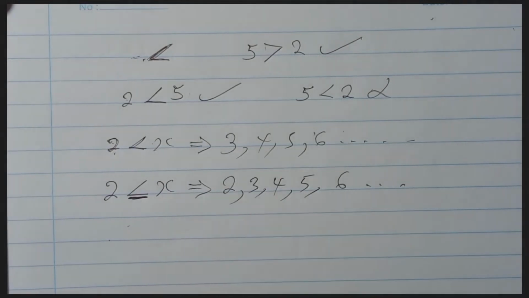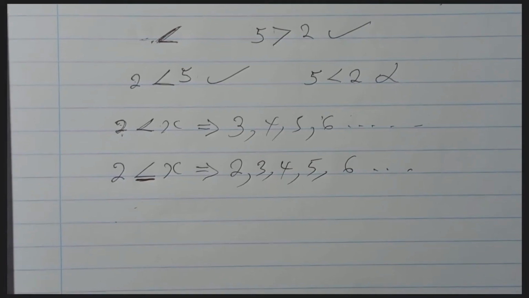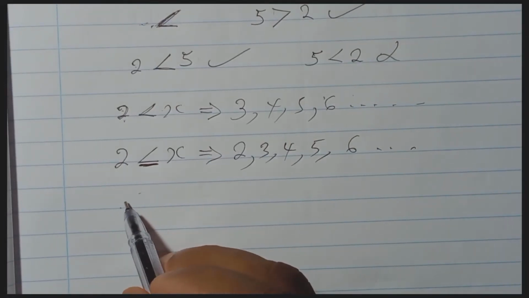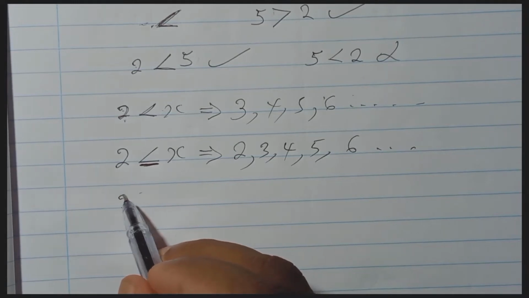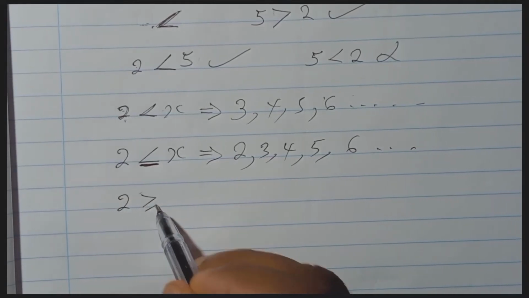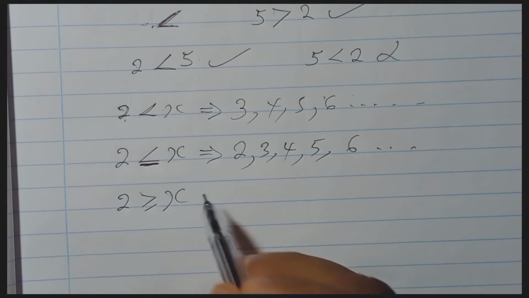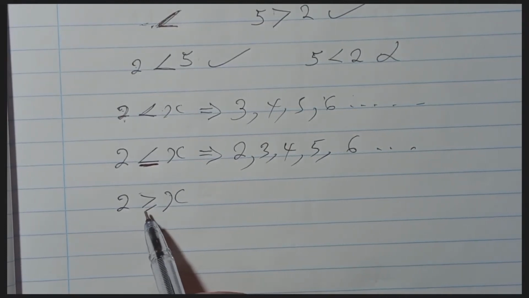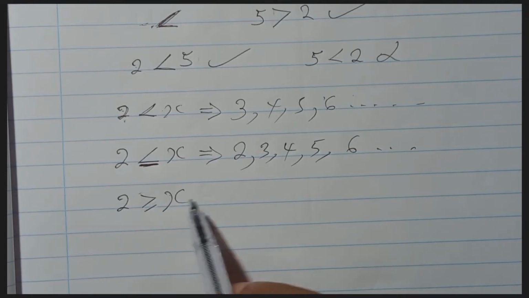Same way for the other side also. Now if they put it like this, I will write the same thing this way, x, and I put the dash also. Here if there is no dash, that means x should be less than 2.